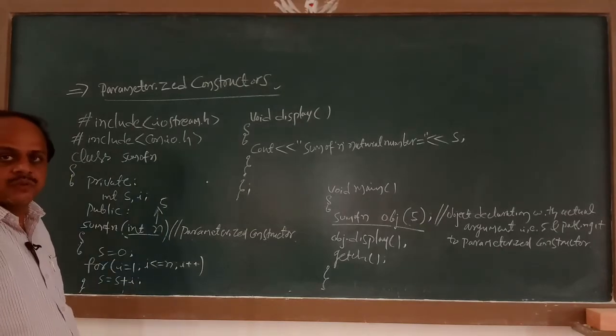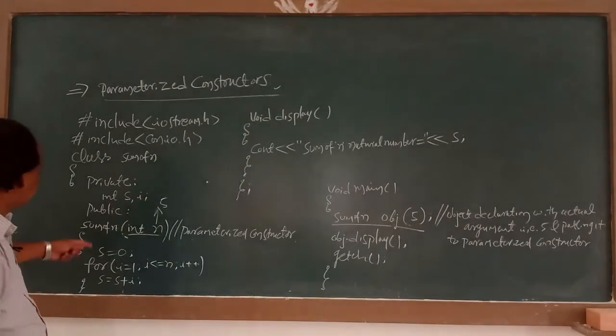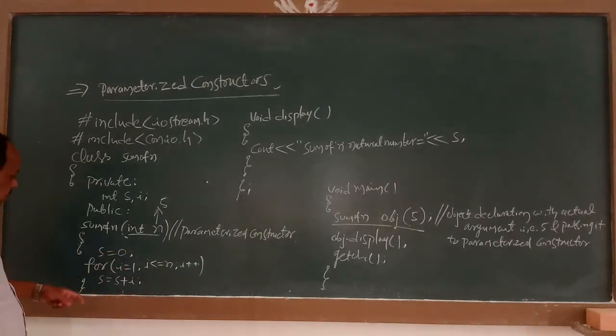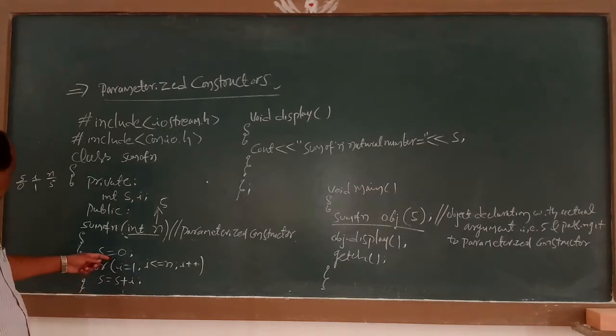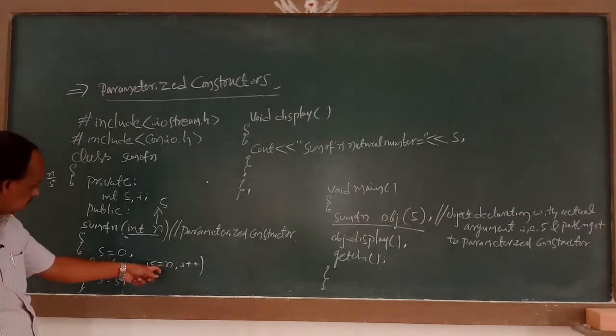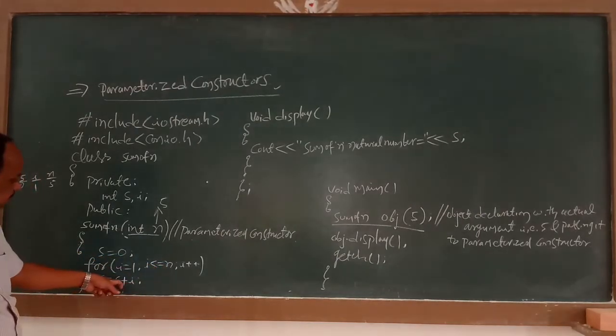See here what happens. Initially sum is 0, i is equal to 1, n is equal to 5, right? So sum is 0, for i equal to 1, i less than or equal to n, 1 less than or equal to 5. Yes, so s is equal to s plus i.